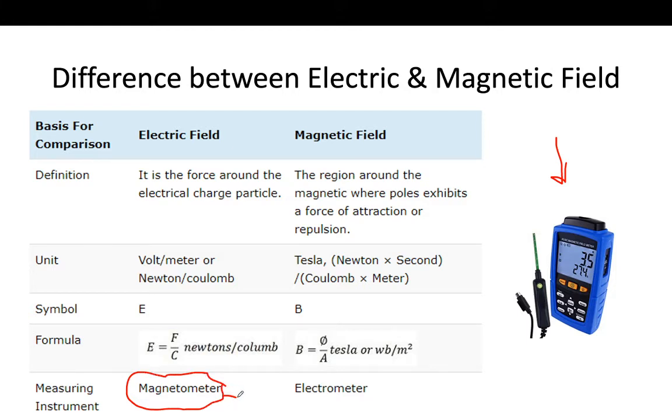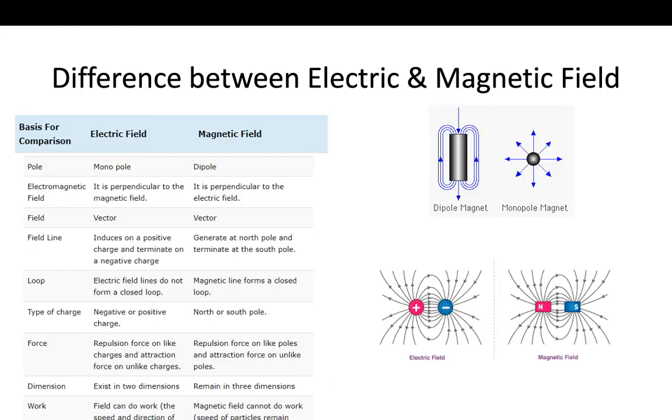I will check this, because electrometer is used for the electric field while magnetometer is for the magnetic field, and it will be placed in the area where we want to find the magnetic field effect. So remember the correction: magnetometer for the magnetic field and electrometer for the electric field.